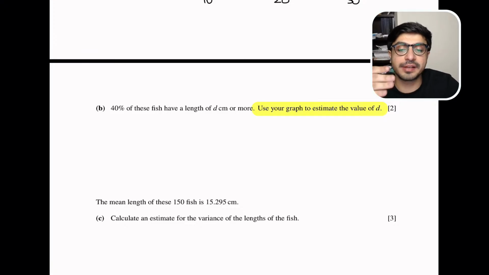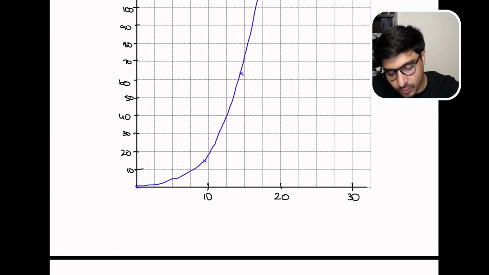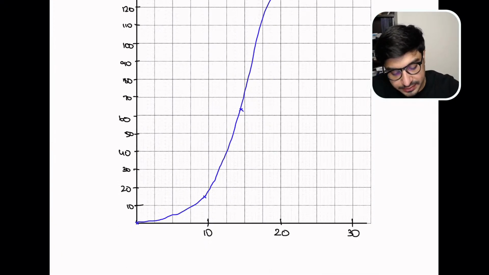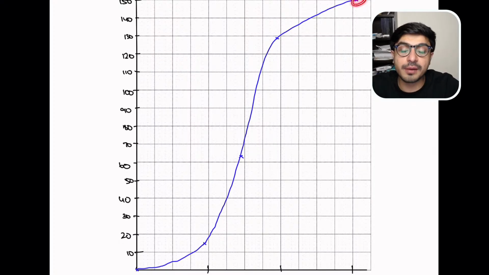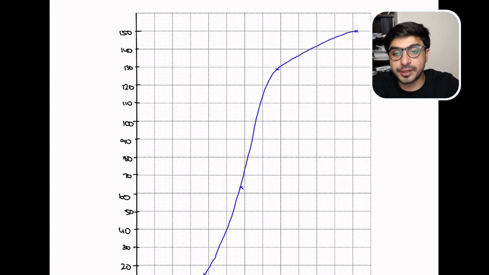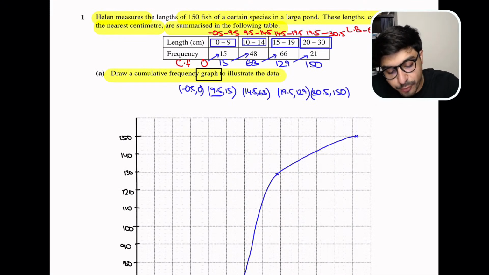So that means if 40% of the total fishes are of the length d or more, d or more means we can go up till where? We can go up till 150, right? That is what it says, that we can go up till 30.5, right? We don't know where to start, but we just know that 40% are going to be more than d. So we don't know till where. So the last length that there was 30.5, right?